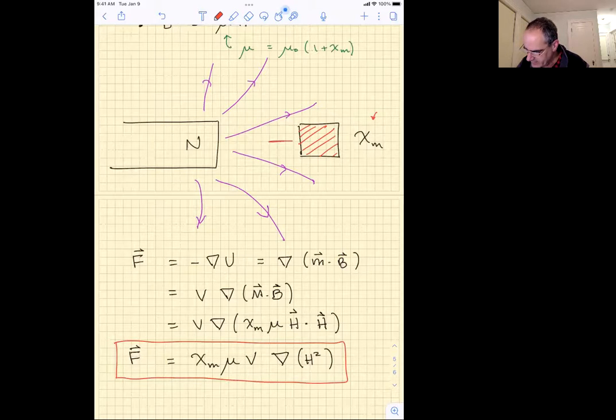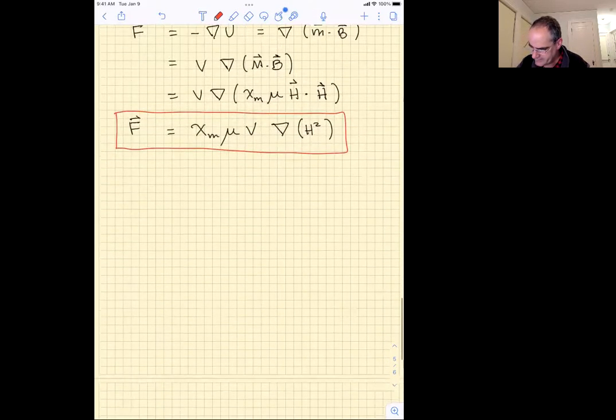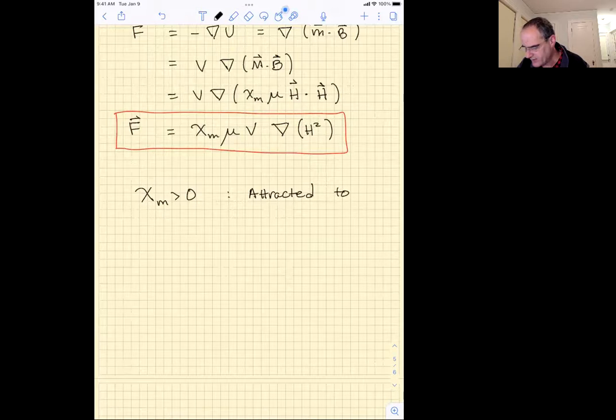And so in this case, it means the force will be towards the magnet. And the material will be attracted to high field regions. In other words, what we found is that for a material where the magnetic susceptibility is positive, these materials will be attracted to strong magnets.